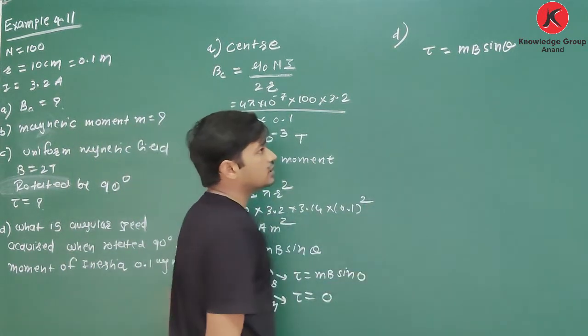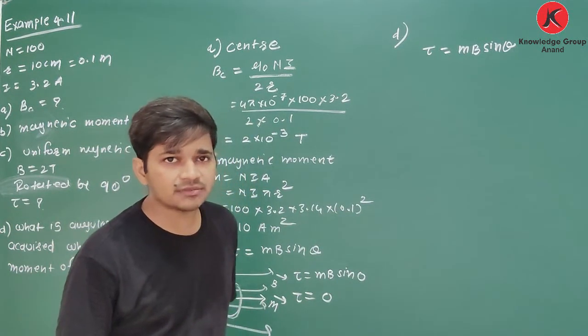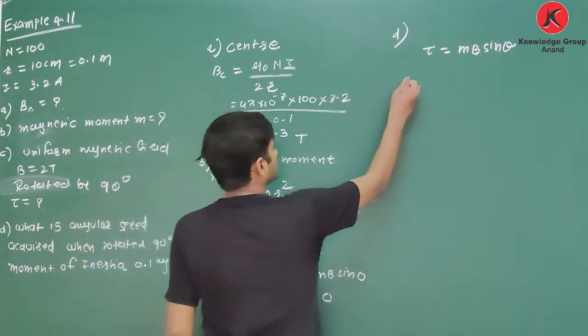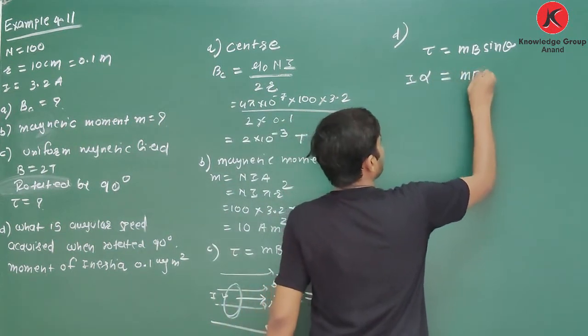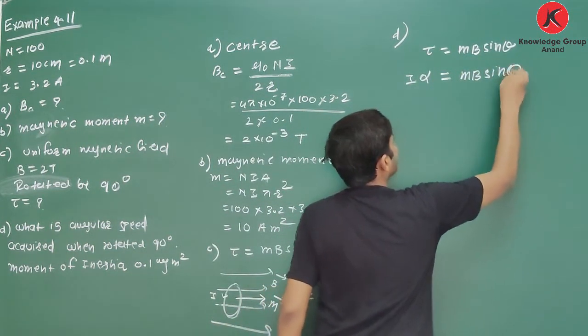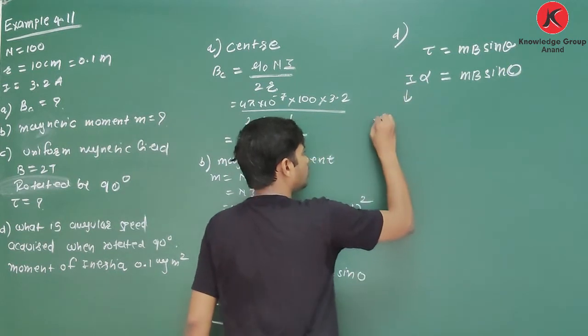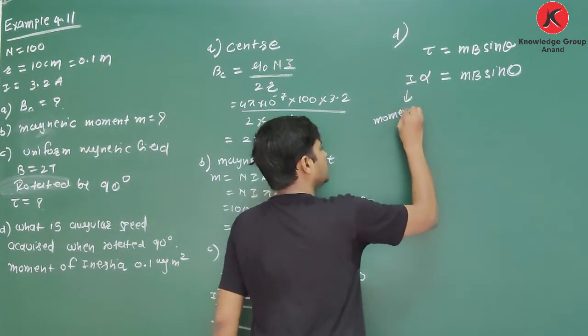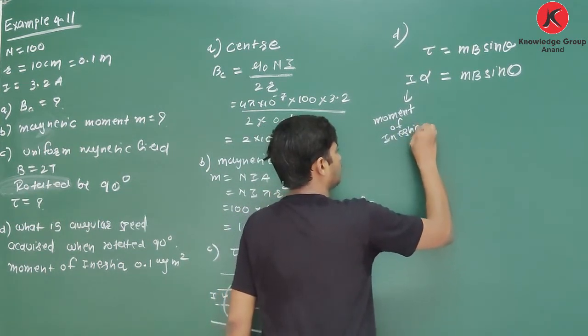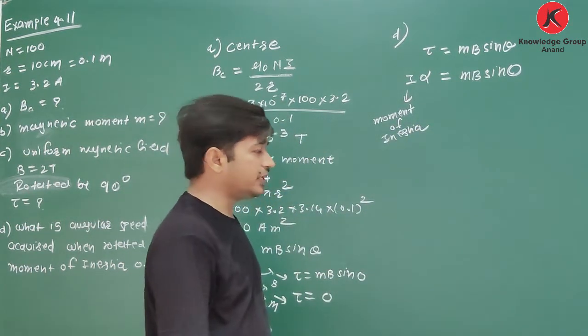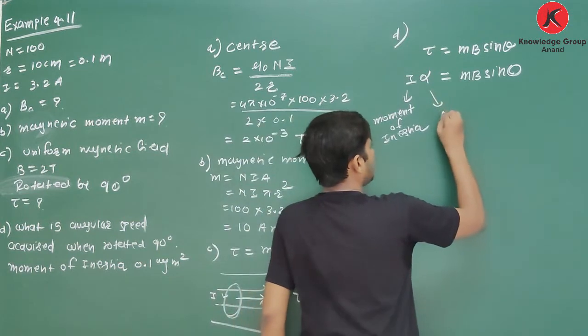Remember class 11, chapter 7, torque: its equation is I alpha, which is equal to MB sin theta, where this I is the moment of inertia.